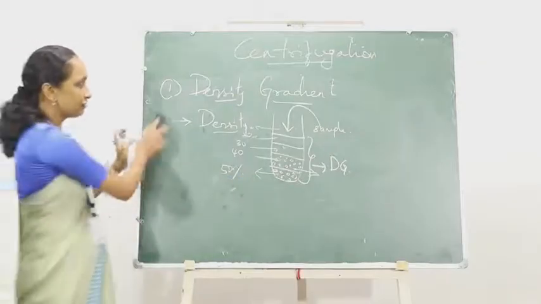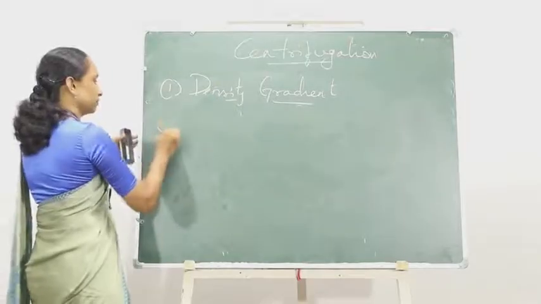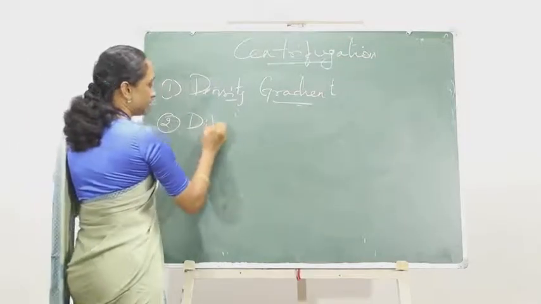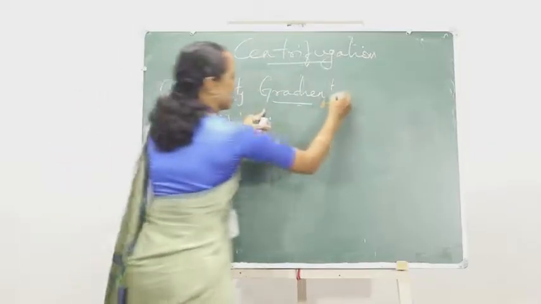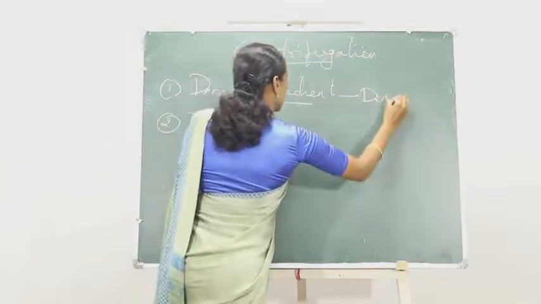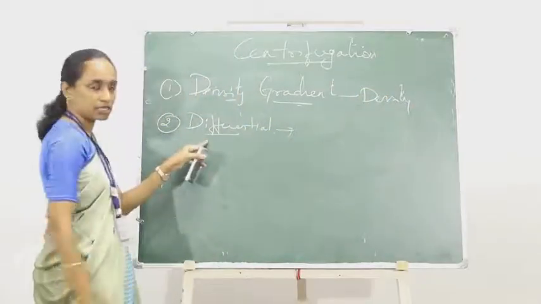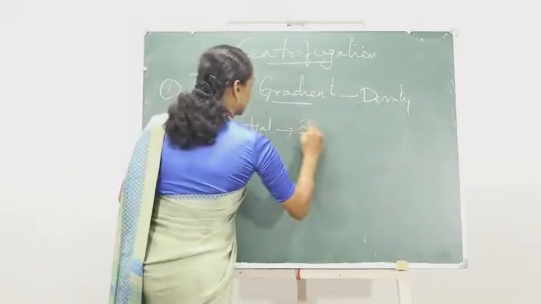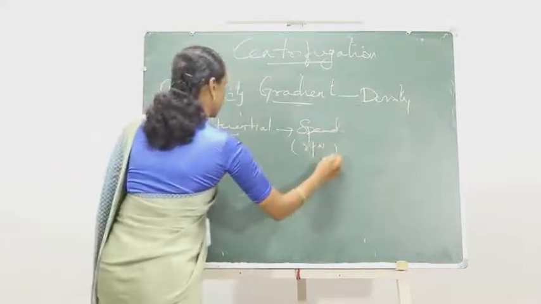The other one is differential centrifugation. Density gradient is based on density, and differential centrifugation is based on speed, that is RPM.